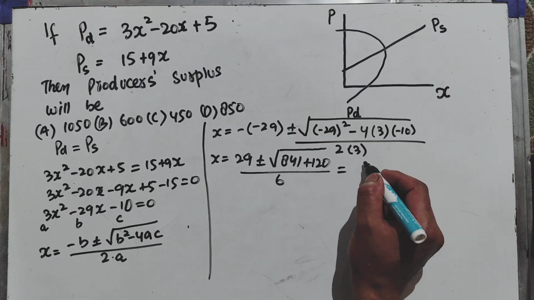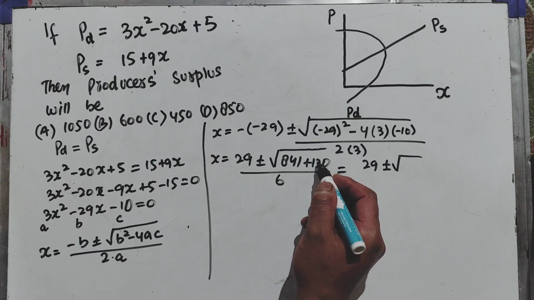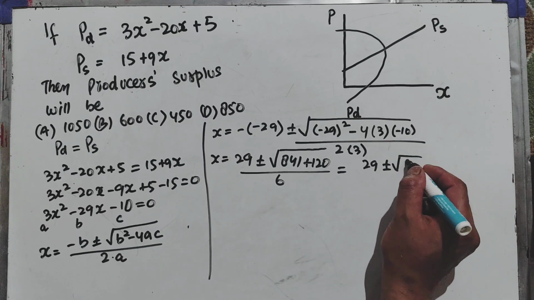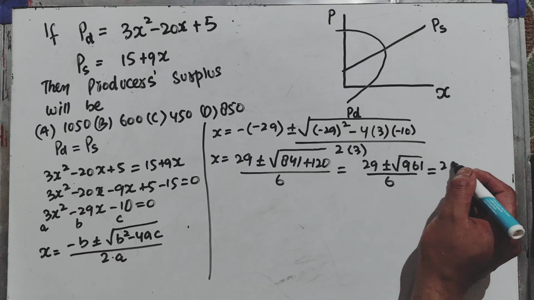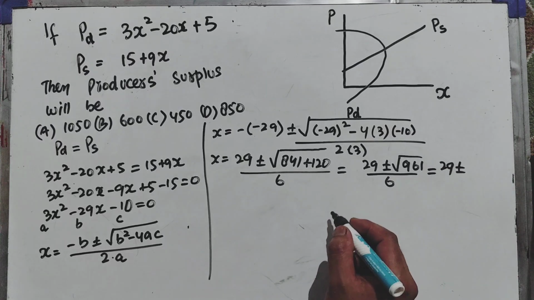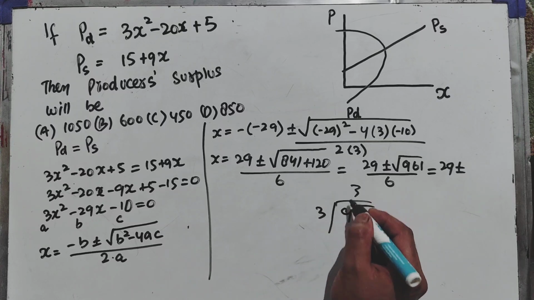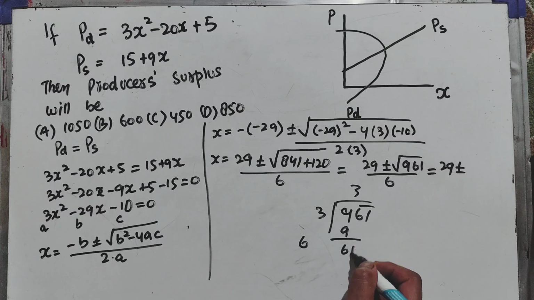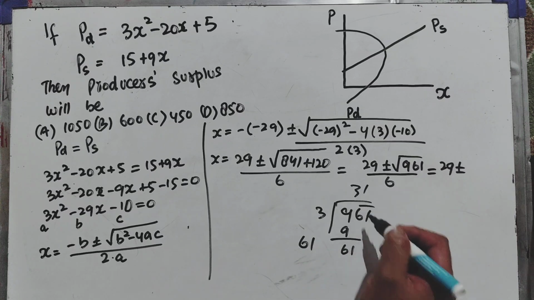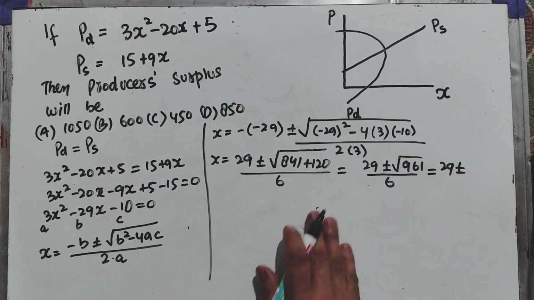So we will get x equal to 29 plus minus the square root of, summing these two numbers, 961, upon 6. The square root of 961: 3 3s are 9, then this gets doubled, so it becomes 6, so here we have 60, so 61 into 1 is 61, that means the square root of 961 is 31.